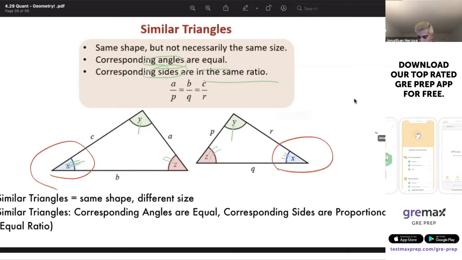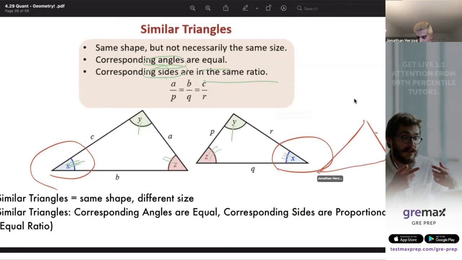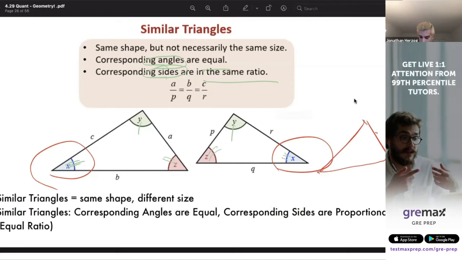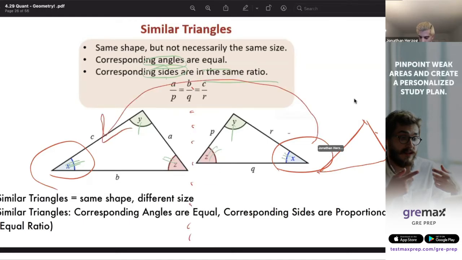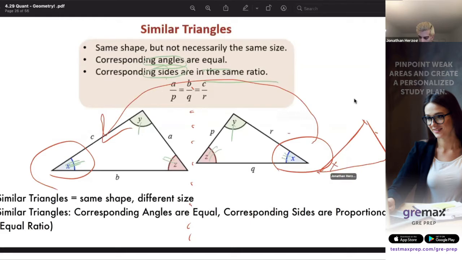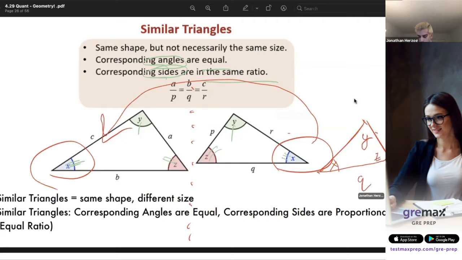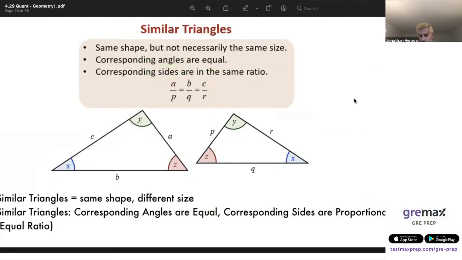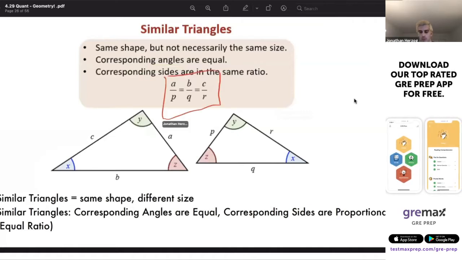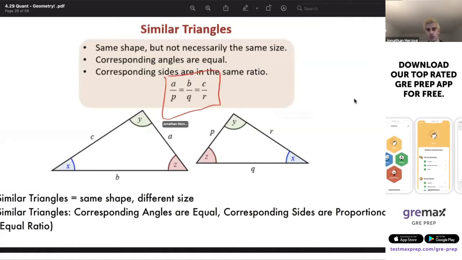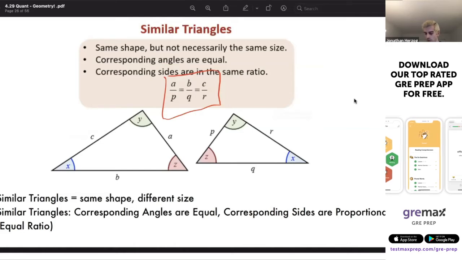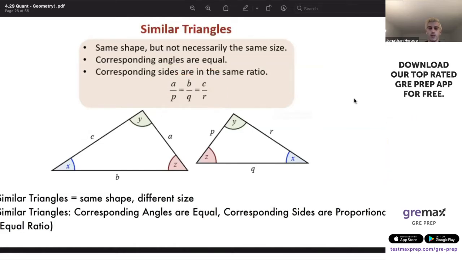So you might want to redraw it for yourself, carefully notating as if we're flipping a mirror image, carefully notating the angles as well as the sides. This will allow us to find and confirm that indeed the corresponding sides are of the same ratio, or they are proportional, or one divided by the other is equal to the other divided by the other.